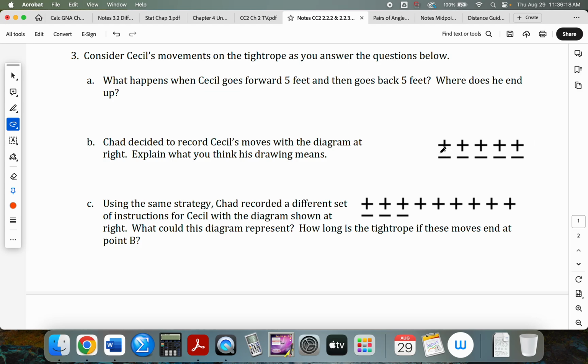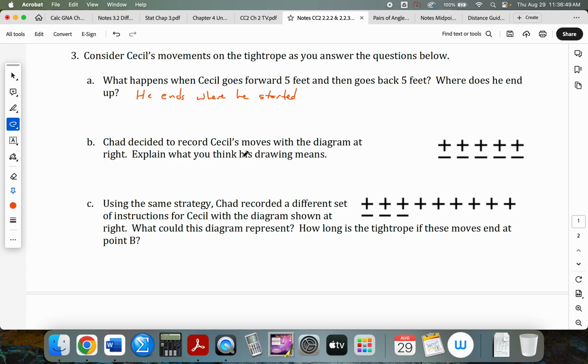He ends where he started. The net result is he's moved, but the end result is he hasn't moved, right? His position is the same as it was to start with.